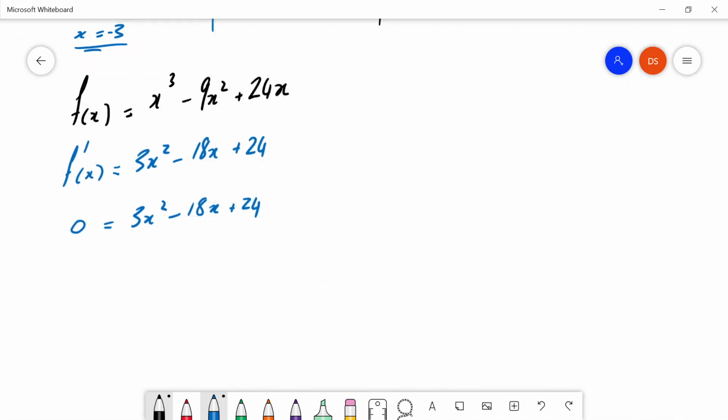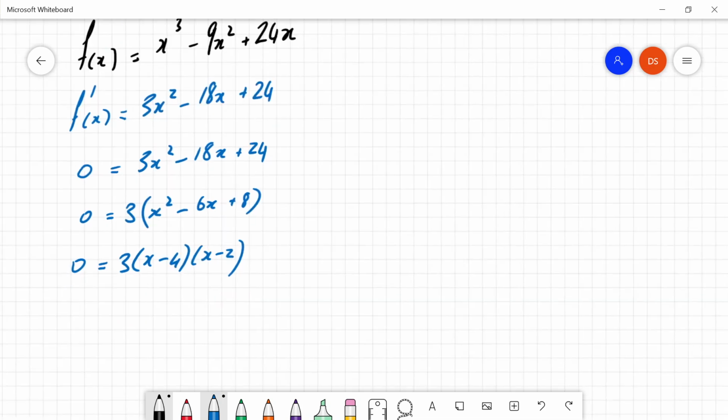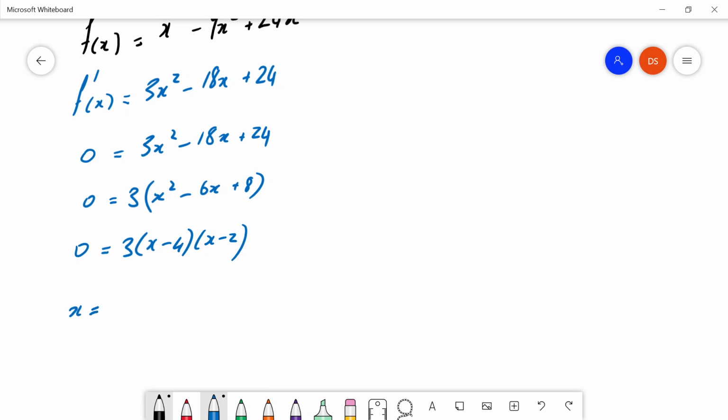Notice that I can factor a 3 out, and so I will get x squared minus 6x plus 8. And then I can continue to factor: x minus 4, x minus 2. So this will give me two solutions: x equals 2 and x equals 4.